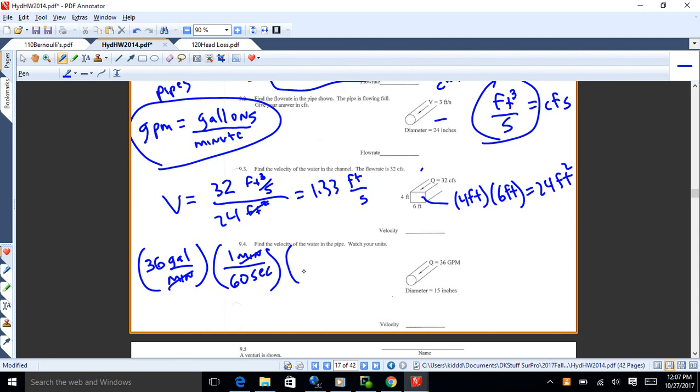But then I need to know, what is it, 7.48 gallons in a cubic foot? Okay. So you do that conversion on this problem to get that into cubic feet per second. It's about 0.0802. So that's the flow rate in cubic feet per second, okay? There you go.